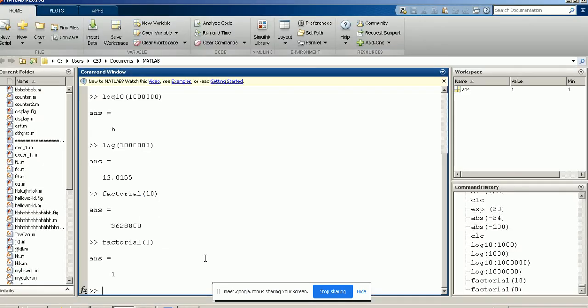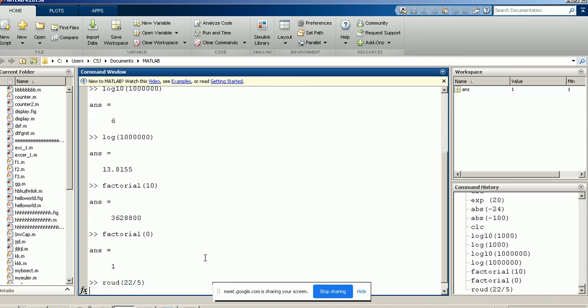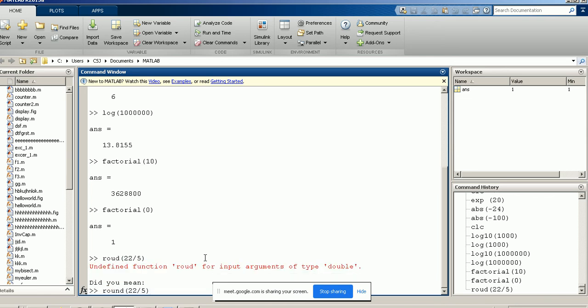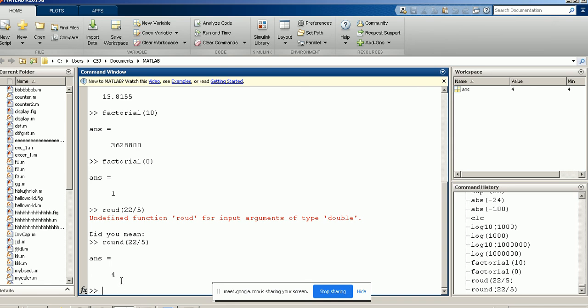Suppose that I want to find the round of 22 over 5. Everyone knows that 22 over 5, the result is 4.4. But I want to find only the exact number. So I'll just write round, R-O-U-N-D. Okay. And the result is going to be 4.